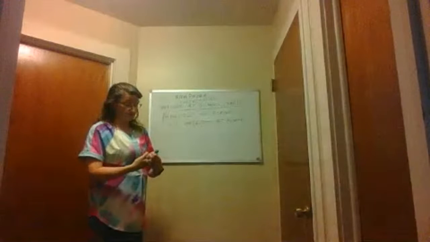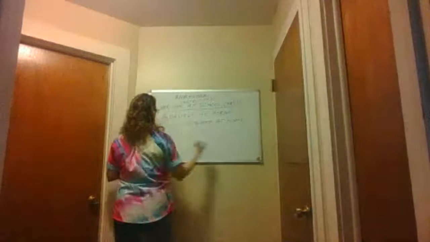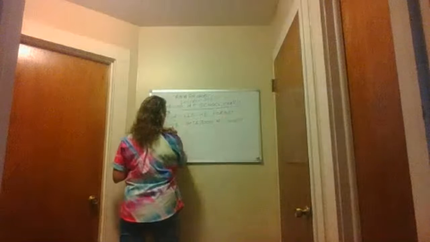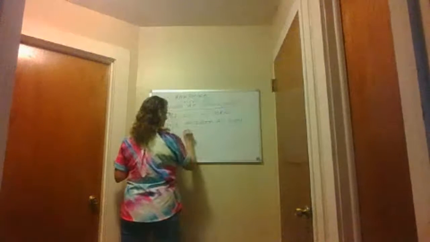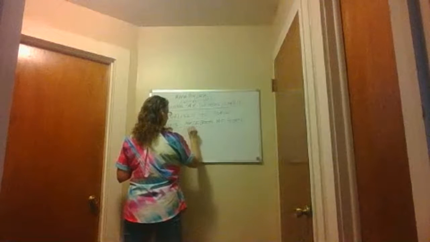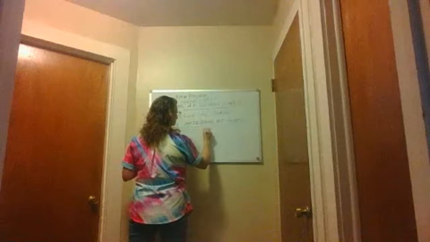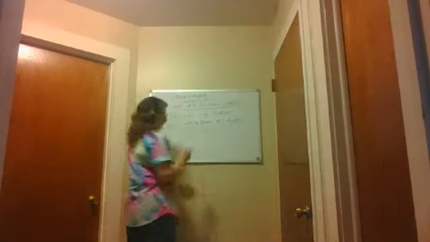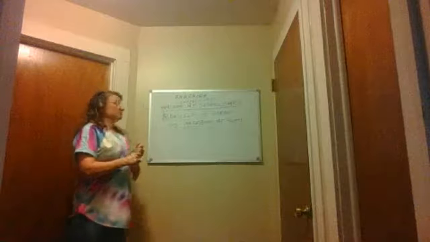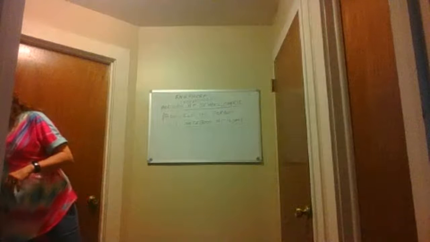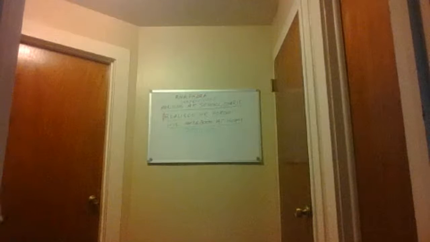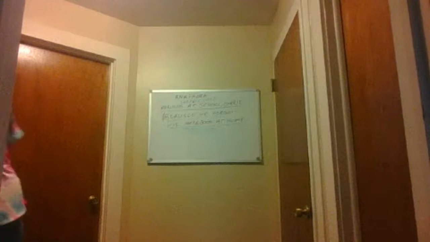Everything after it, from the verb to the end of the sentence, is called the predicate. Okay. Now, grab a few more colors.